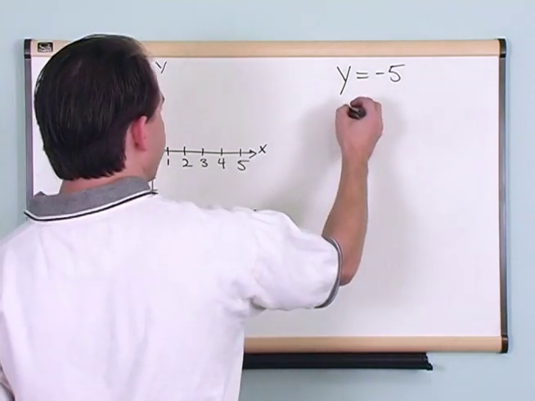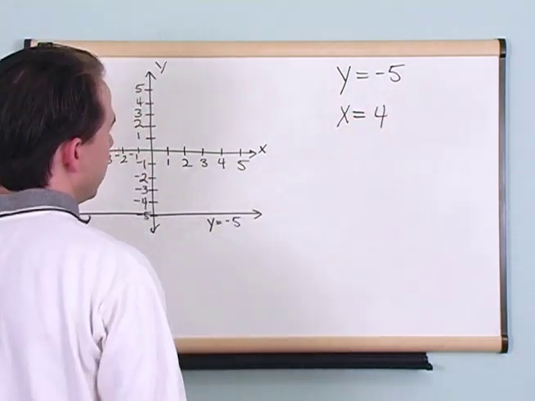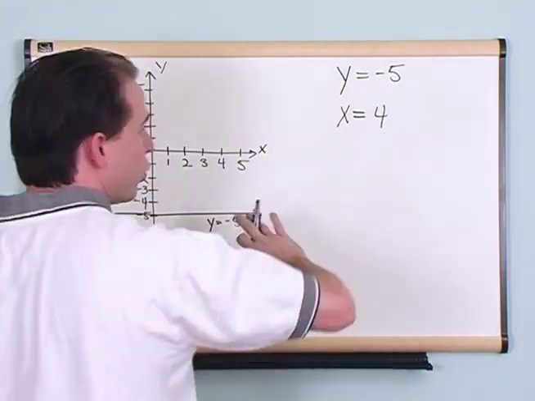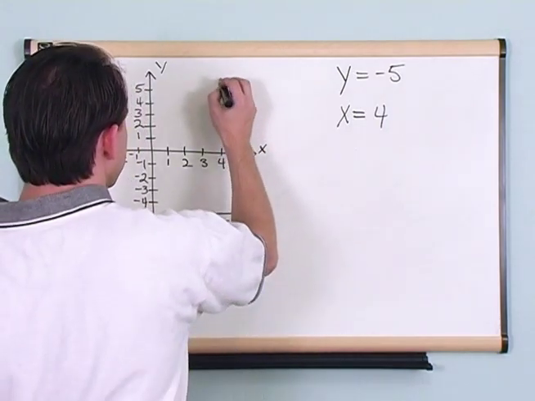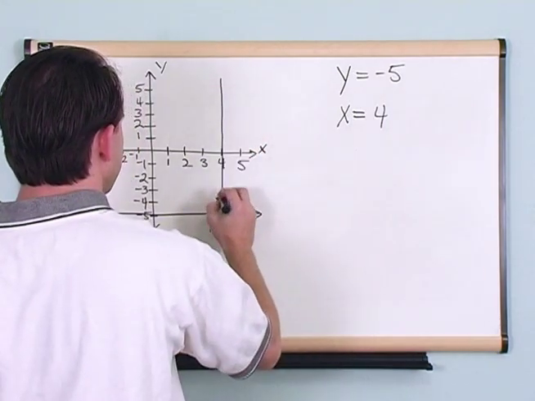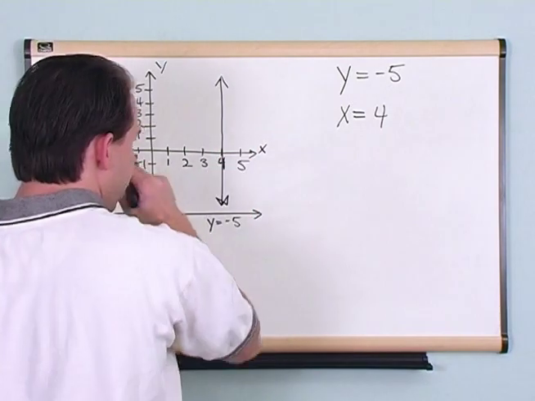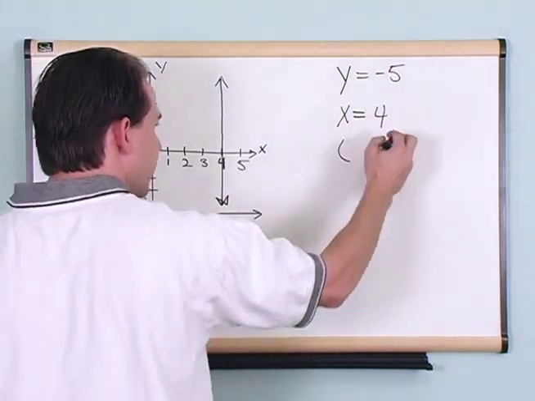Another example would be x is equal to 4. Well, this means that x is always equal to 4 no matter what value of y there is. So this equation is going to look like this through the number 4. And when you think about it, it makes sense, because you're trying to make a plot of numbers like this.